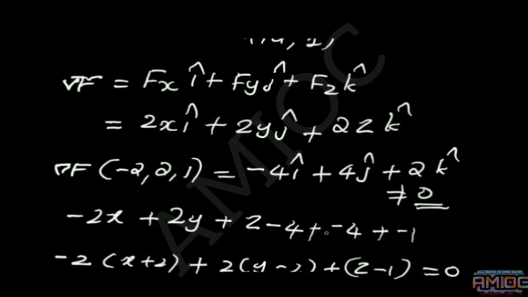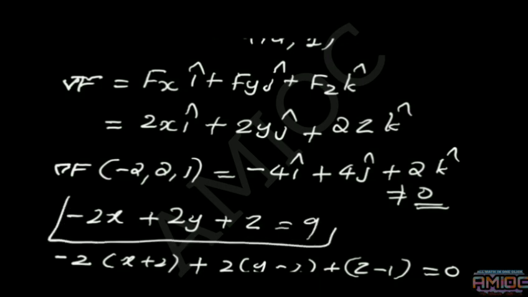Therefore, -4 plus -4 plus -1 is -9. This can be written as -9 equal to 0, and if we write 9 on the right side, this is equal to 9. Therefore, the final equation for the tangent plane passing through (-2, 2, 1) of the level surface x square plus y square plus z square is given by -2x plus 2y plus z equal to 9.